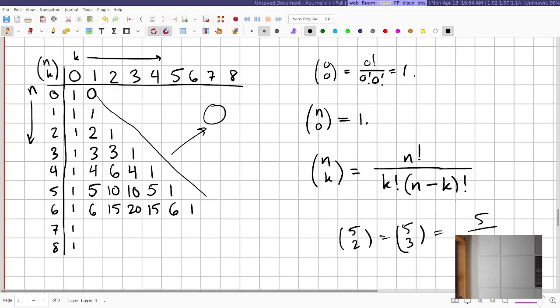If k is 3, n minus k is going to be 2. So it's always equal. Okay. I agree. So that explains why these two are the same. Can you generalize that at all? Are there more things that have to be the same by a similar kind of argument?